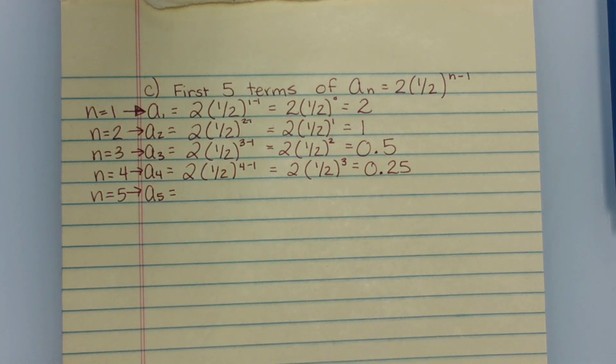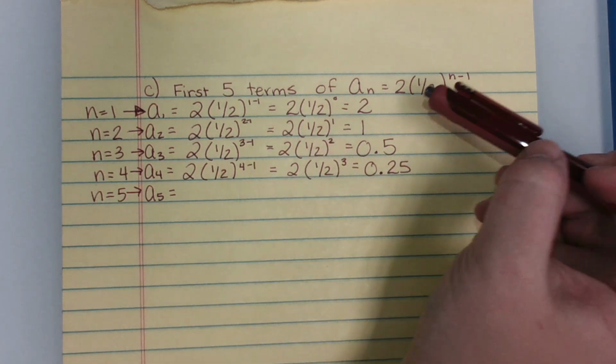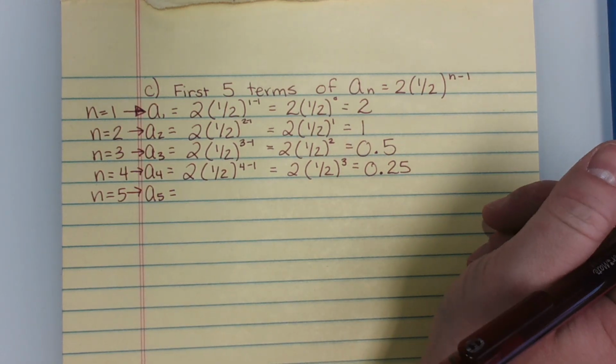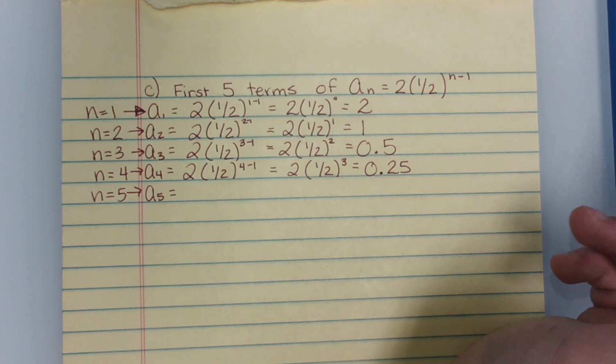Does anyone know what the shortcut is? Shortcut is recognize your pattern. How's it going from 2 to 1, and then to 0.5, and then to 0.25? It's dividing by 2 every time.